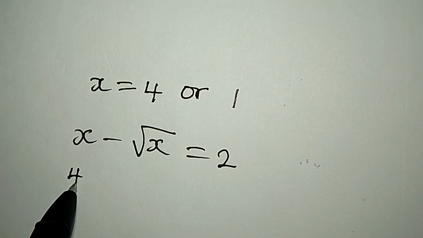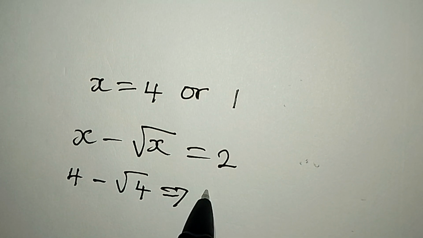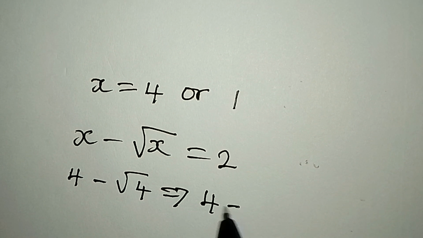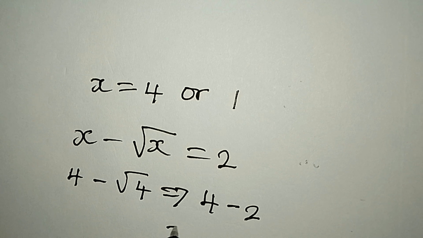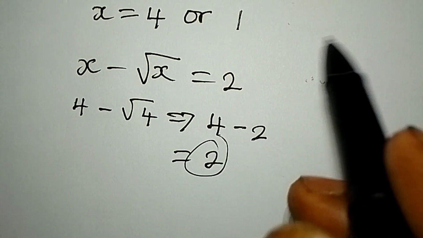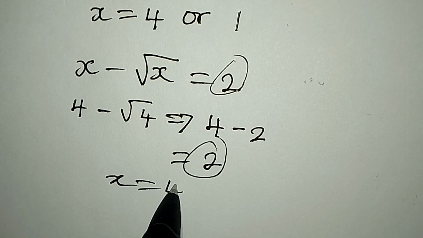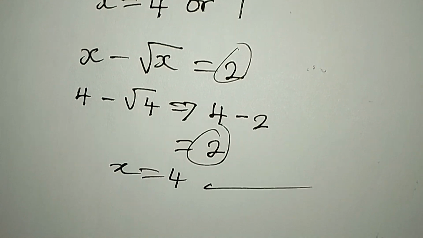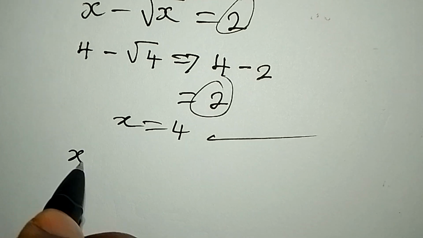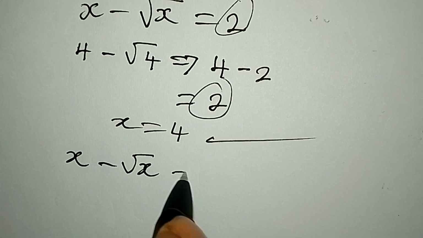I'm going to have 4 minus square root of 4. This implies that we have 4 minus 2, which is equal to 2. This means that x equal to 4 is satisfying the equation.